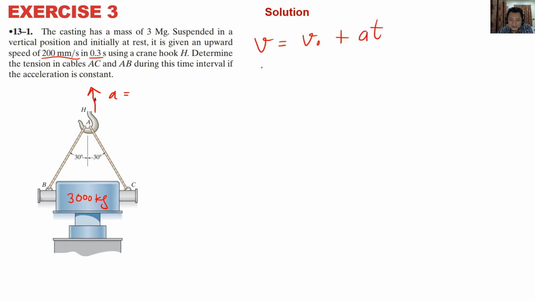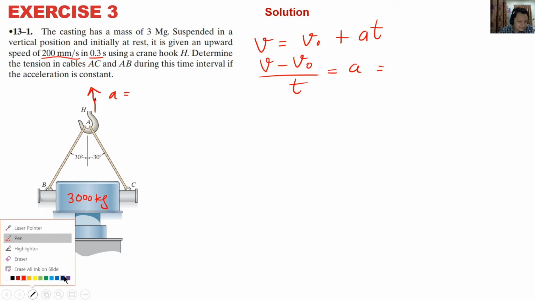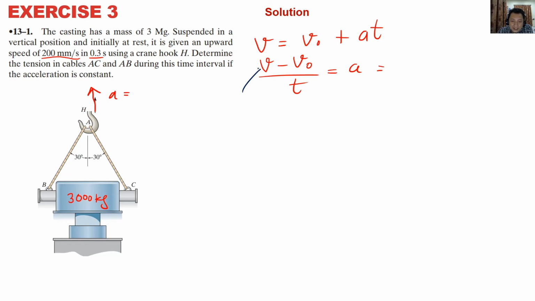If you don't like this formula, V minus V0 over time is equal to A. This is the final, this is the original.